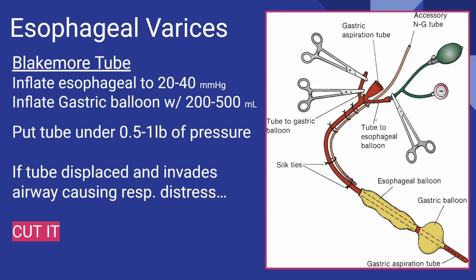Because if this balloon ends up cutting off the airway, you're not going to have enough time to deflate it, potentially. So what they want you to do is cut the air, let it all flow out, and pull out the tube. That's safer than causing potential airway occlusion and respiratory distress.